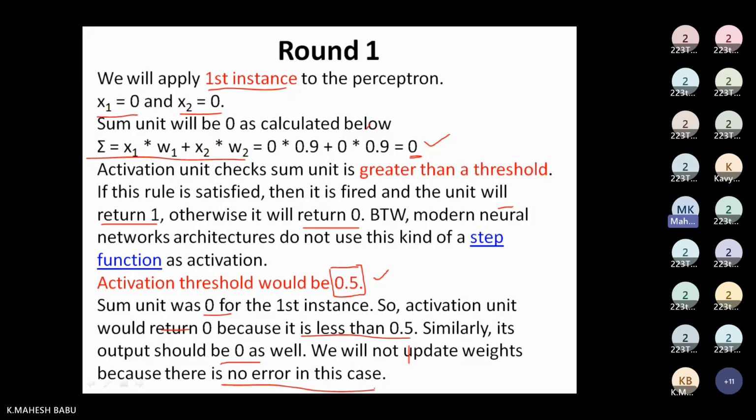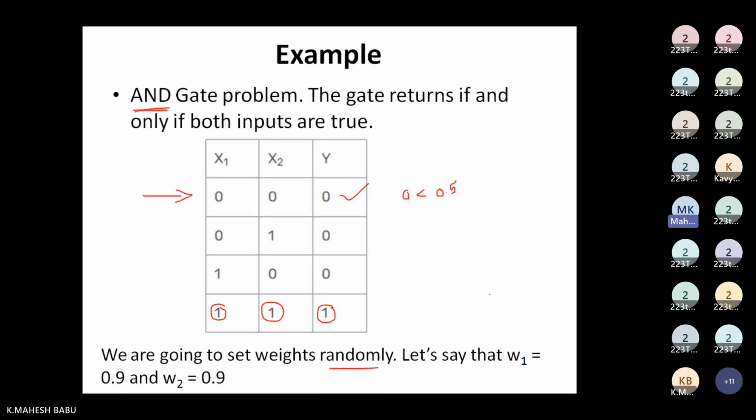The inputs are 0 and 0, the weights are 0.9 and 0.9, and summing gives 0. 0 is not more than the threshold value, so it returns 0 as output. The output is 0, which is our required one, so you get the same value on the screen. There is no correction and no error. The weights are satisfying in this particular instance.